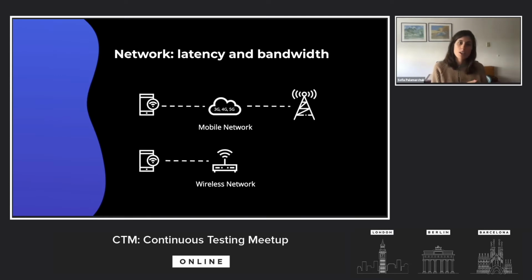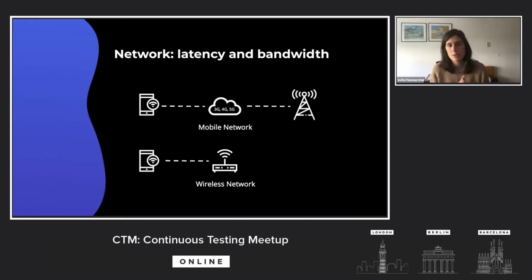Additionally, we can also test the network from the client side. Using real devices, we can actually vary the network that each device is connected to, and we can see how it also affects the response times from the client side.